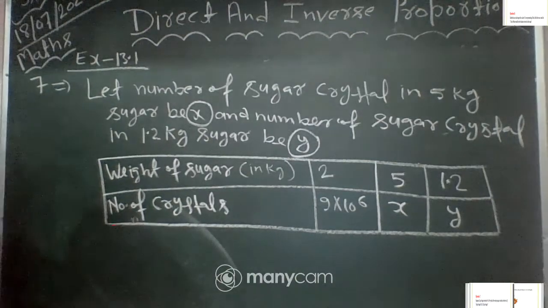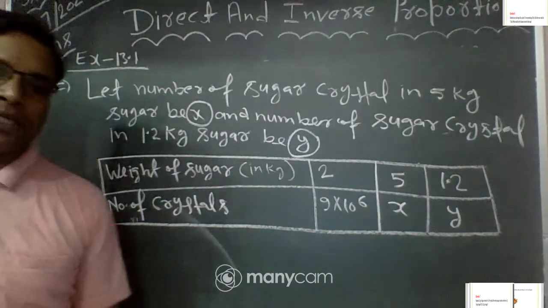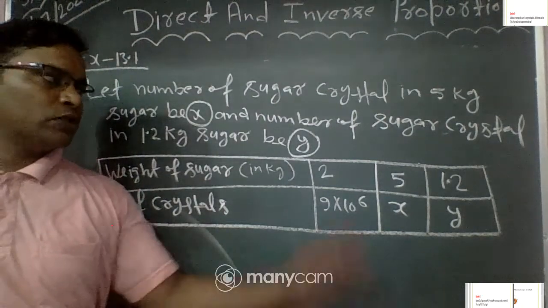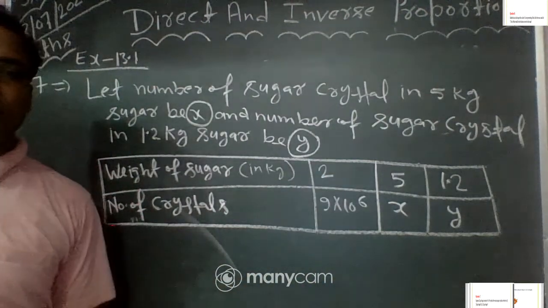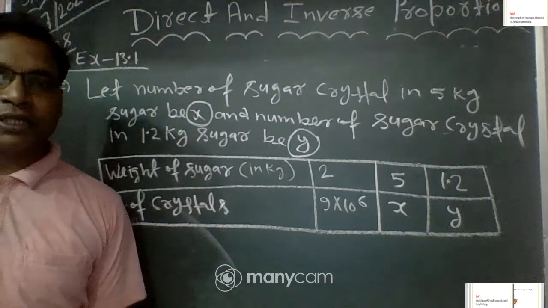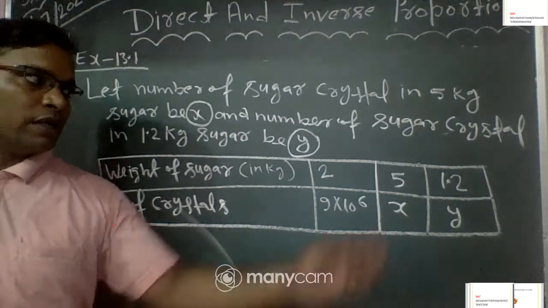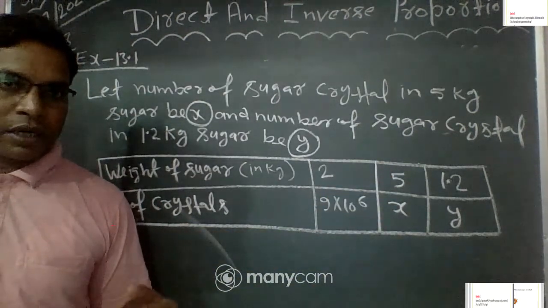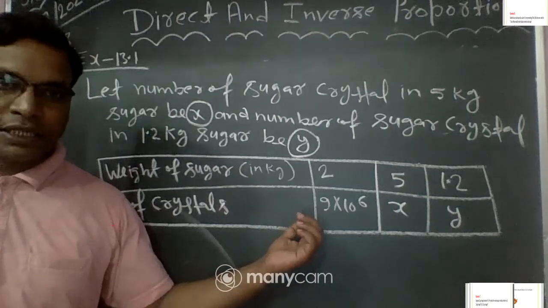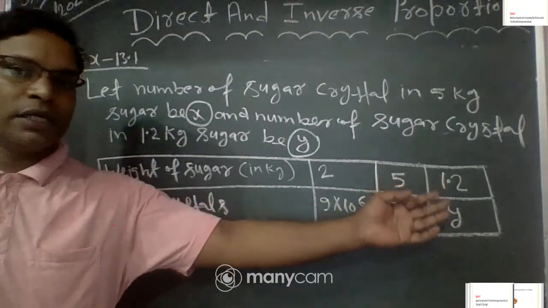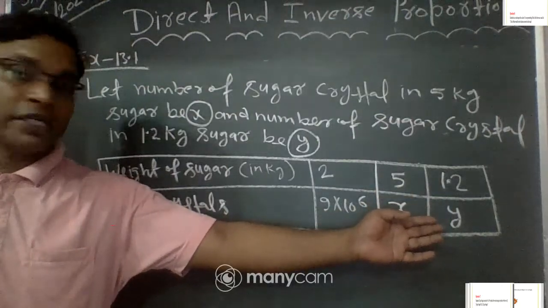So here you can say, if 2 kg of sugar has 9 into 10 power 6 crystals, then for 5 kg of sugar obviously the number of crystals increases, and in 1.2 kg of sugar the number of crystals decreases.